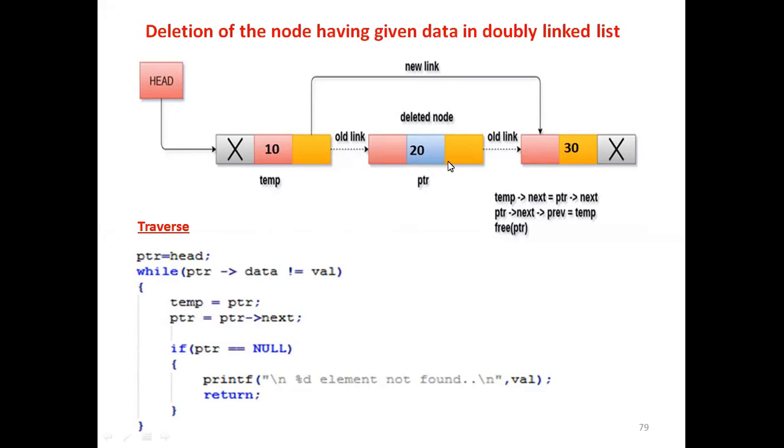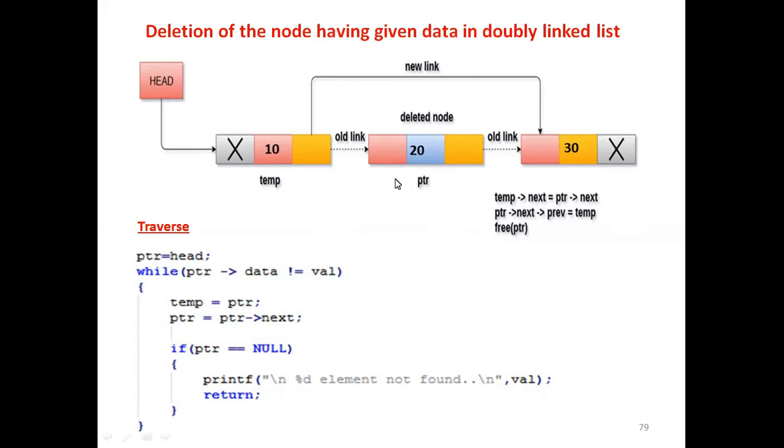We should move these two pointers in such a way that PTR points to the node where the data field is matching, and temp points to the previous node of that. So this situation we have to reach. And then we can delete this node which is pointed by the PTR pointer. Right? Are you getting me or not?